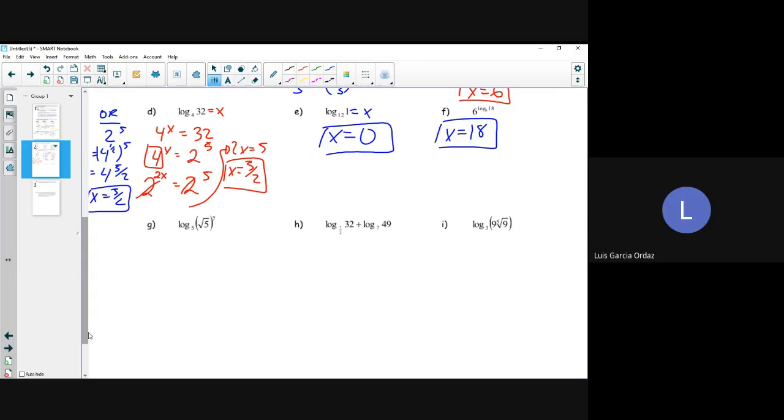The next one, G, we have log base 5 of root 5 to the 7. We have to change the inside. So instead of root 5, we're going to write 5 to the 1/2 times 7, which is equal to log base 5 of 5 to the 7 over 2. And if we use the second property on the first page, what would this equal to?